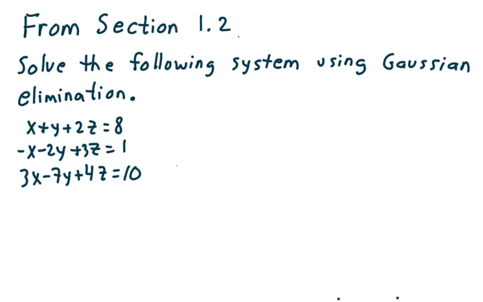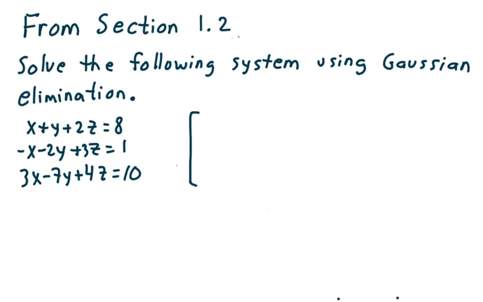So what we need to do is write an augmented matrix. To do that, I'm going to look at the coefficients of x, y, and z in the first, second, and third row to get my corresponding entries within this matrix.